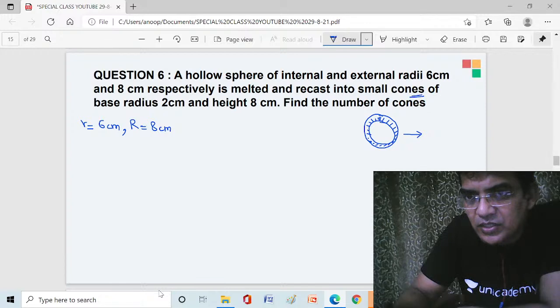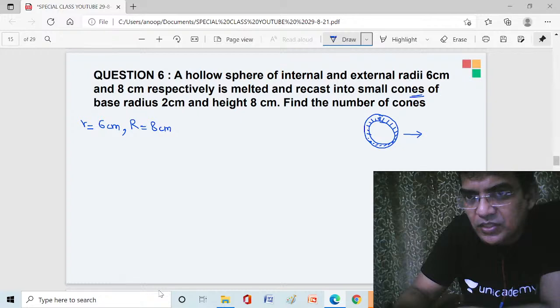So here small cones and volume of, now let us suppose that there are n cones. So we will make it into n.